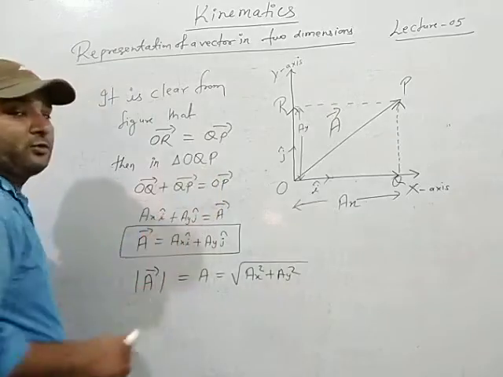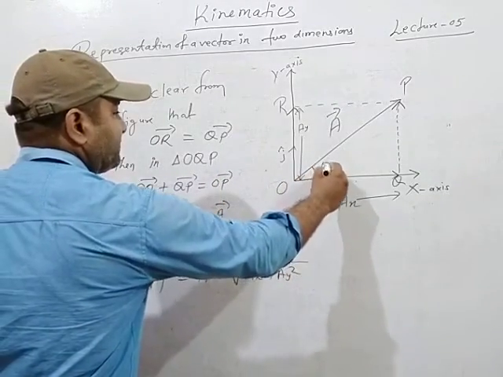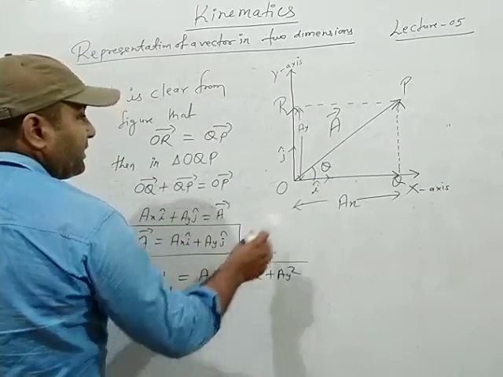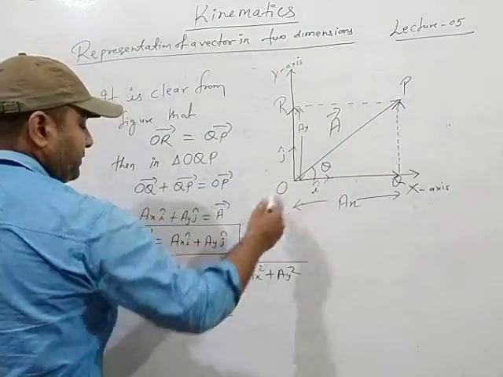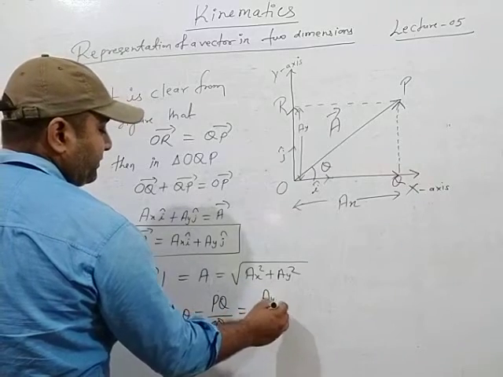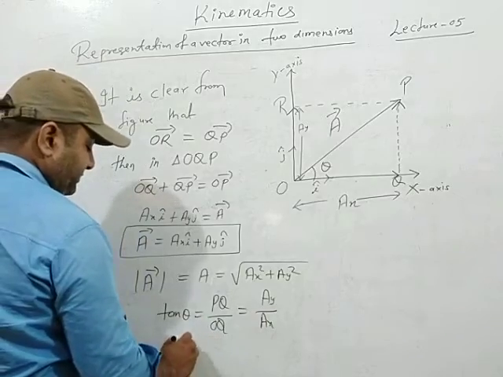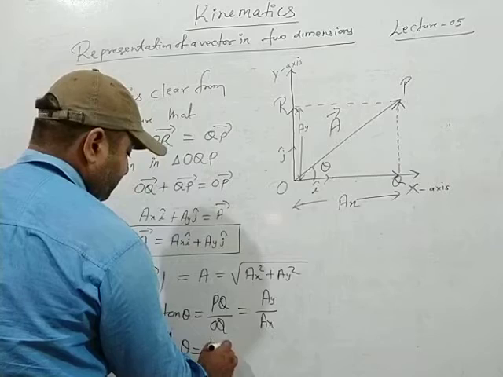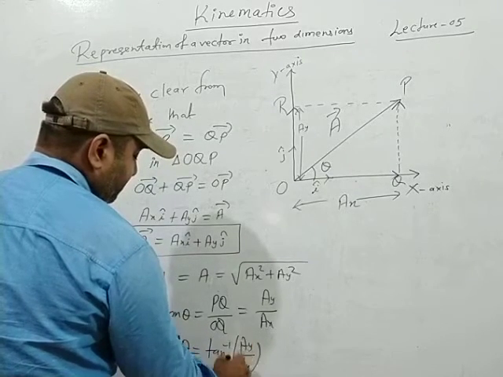And if you want to calculate the slope, then making angle theta, tan theta is equal to what? This is PQ, the perpendicular, upon the base OQ, and the perpendicular here is AY and the base is AX. So theta is equal to tan inverse of AY upon AX.